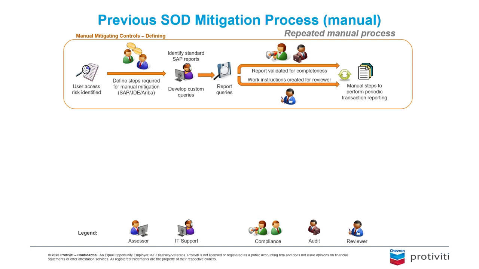That could be through a standard SAP report, for example, but also given the various systems that we use, there are a lot of custom queries that would need to be created. And then those reports would need to be created manually as well.